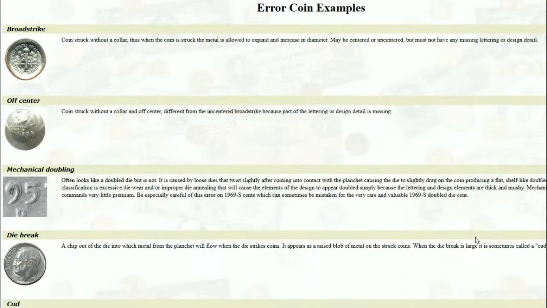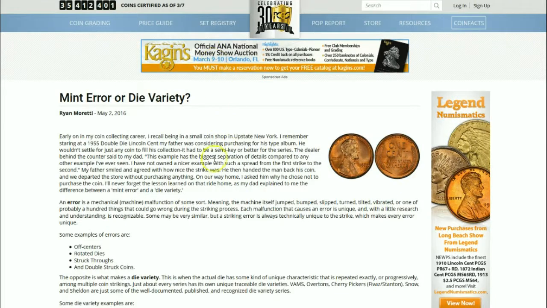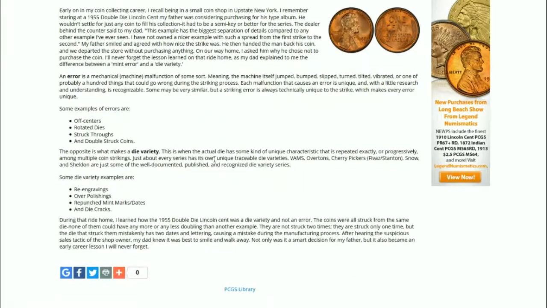And then you have the Dragon and Phoenix coin, one with the frosting and one without, in that negative space behind the neck. So various different kinds there, and a clear difference between what a variety is and what an error is.